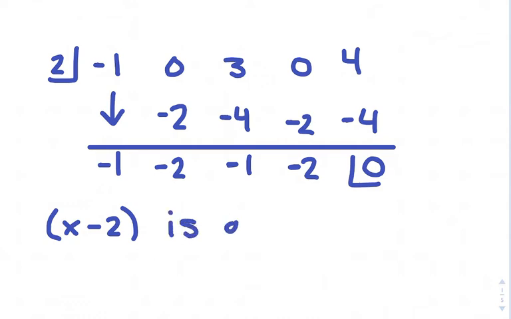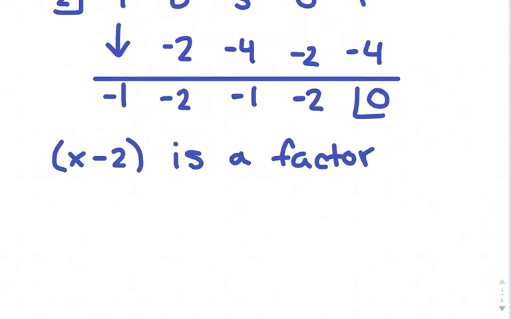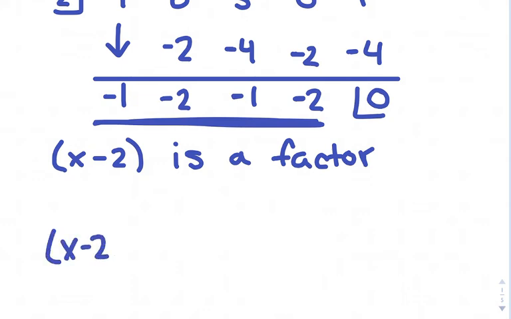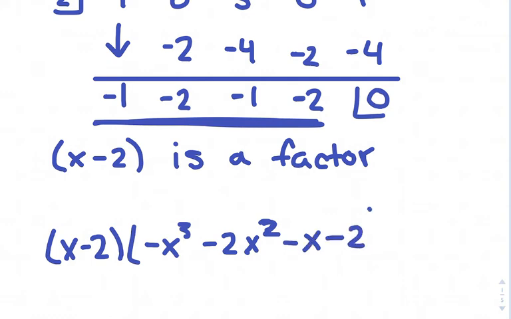So it's a factor. And then if I wanted to figure out the rest of the factors, I can just use this line here instead of running through my possible list. So this is x minus 2 times negative x cubed minus 2x squared minus x minus 2.